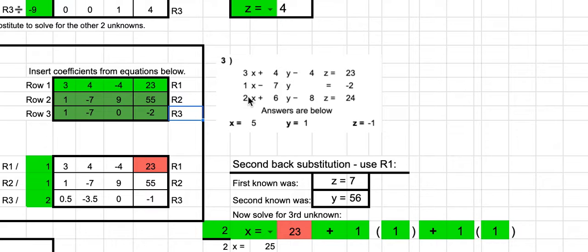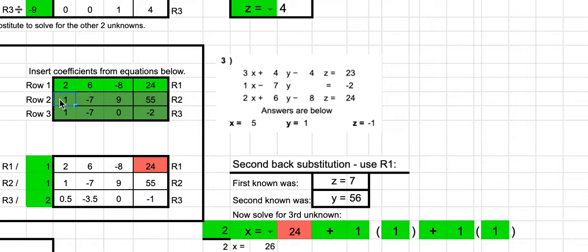That means if I took a 2 out of all of those, I'd end up with a 1 there. And it doesn't matter if the 1 is in front of x, in front of y, or in front of z. But it looks like I'd like to put that one in the first row. So that's going to be 2, 6, -8, and 24. Now, if you were doing this by hand, you would divide all those by 2 right away.